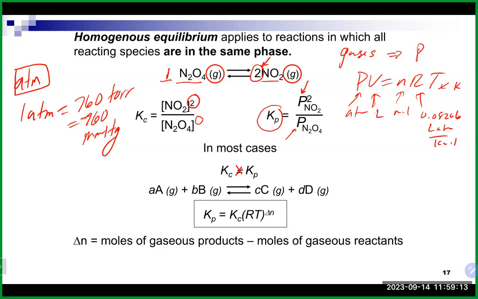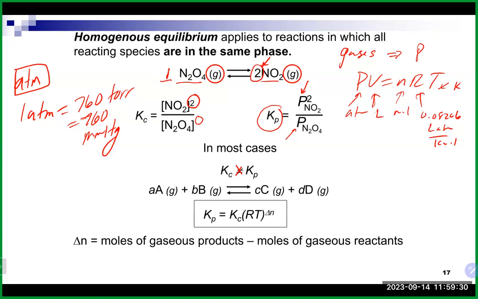So there is a way to go between these two, between Kc and Kp. In certain cases, you may be given just the concentrations, but maybe you're interested in what the Kp value is, and vice versa. You may be given some partial pressures at equilibrium, and you may be interested in what the Kc value is.